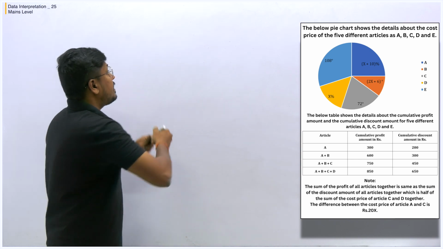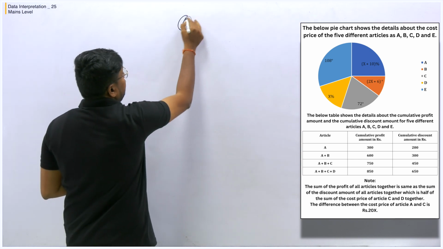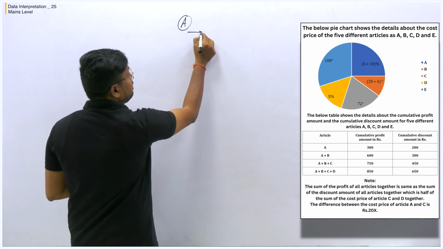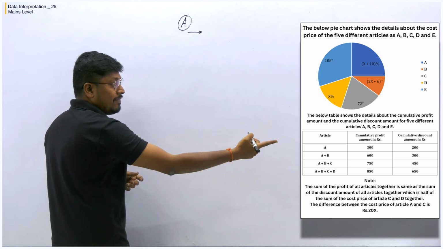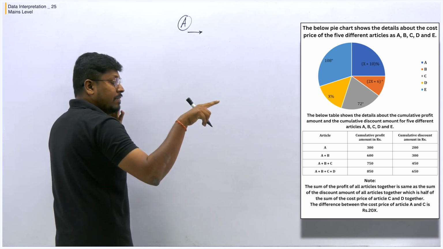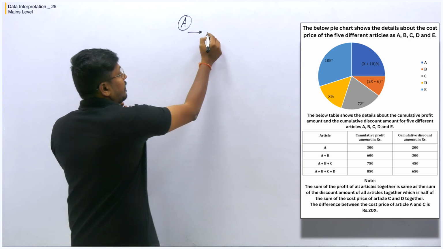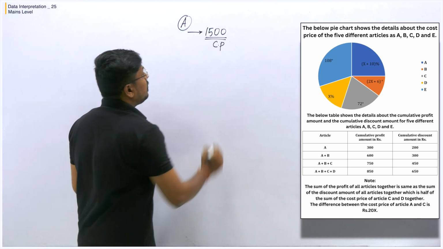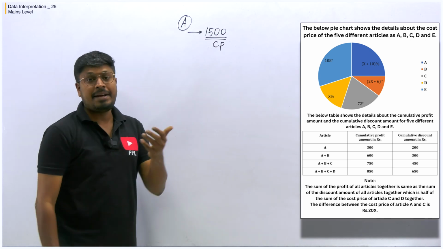Why? Because I will just take article A, any one article. So for article A, what is the cost price we found in the previous pie chart? Out of 6000 we found 1500. So 1500 is the cost price of article A according to the pie chart value.